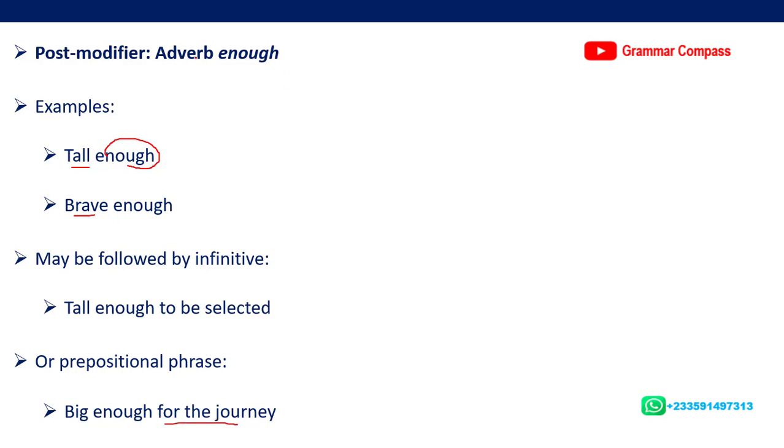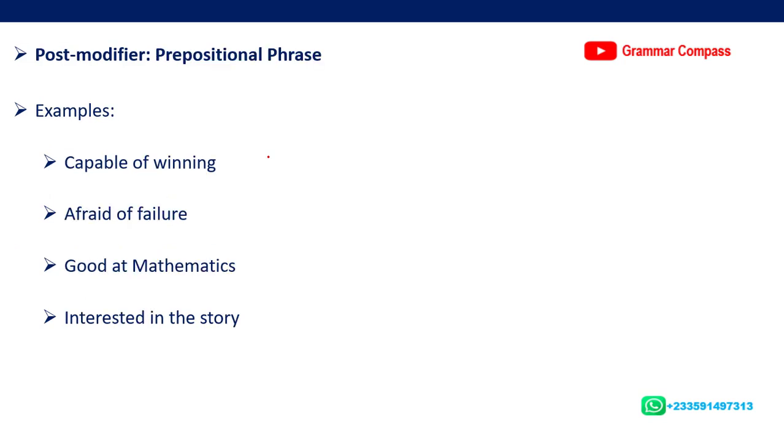So the adverb enough serves as a post-modifier or a qualifier in an adjective phrase. Now, what about the prepositional phrase? How does it qualify or post-modify an adjective head? Here are some examples. Capable of winning. Here, the adjective head is capable, and then of winning serves as a qualifier to the adjective head.